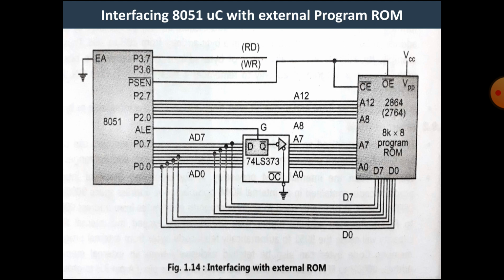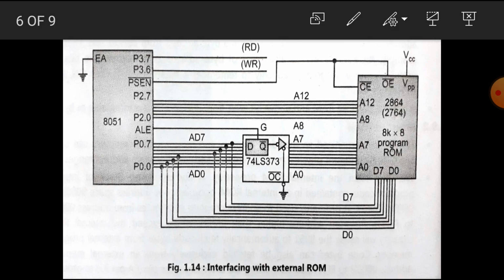Here the diagram of interfacing the 8051 microcontroller with an external program ROM is shown. First of all, we have to know what is meant by program ROM. We know that ROM is a type of memory from which we can only read data, we cannot write data into it.